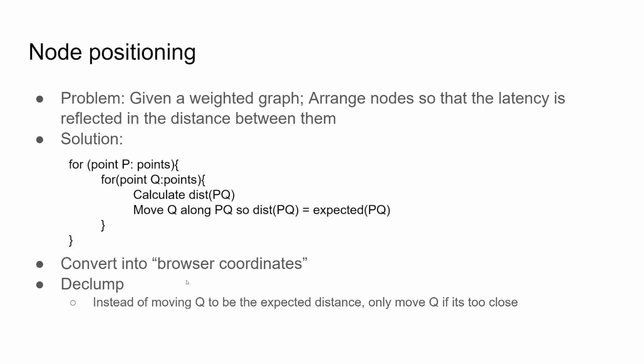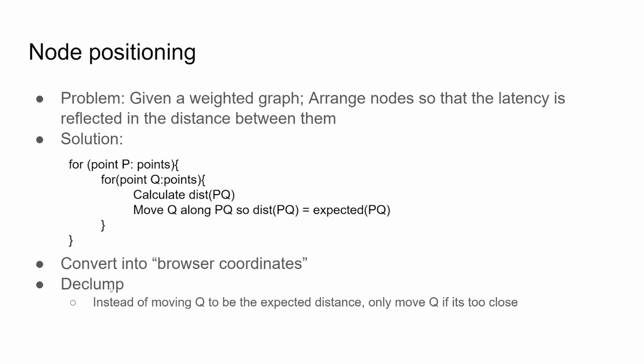And then finally, I convert into browser coordinates. This algorithm is doing things in Cartesian coordinates, and the library we were using had the top left corner at 0, 0 and the top right corner at 1000, 0. That's just a different way to do coordinates, which I call browser coordinates because it's very similar to how it's done for things like Flutter and other browser-based things.